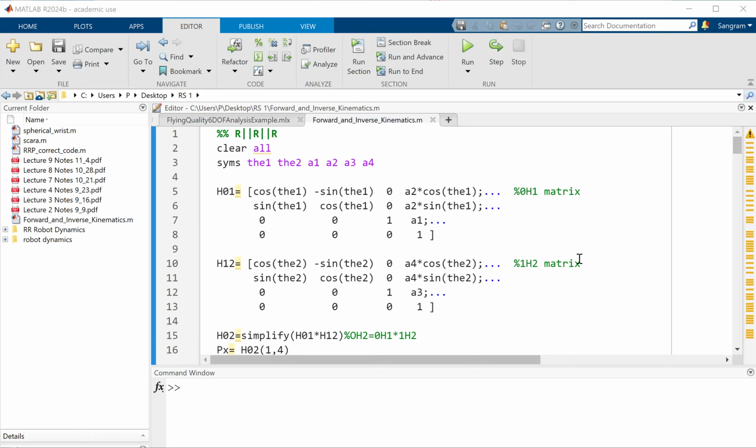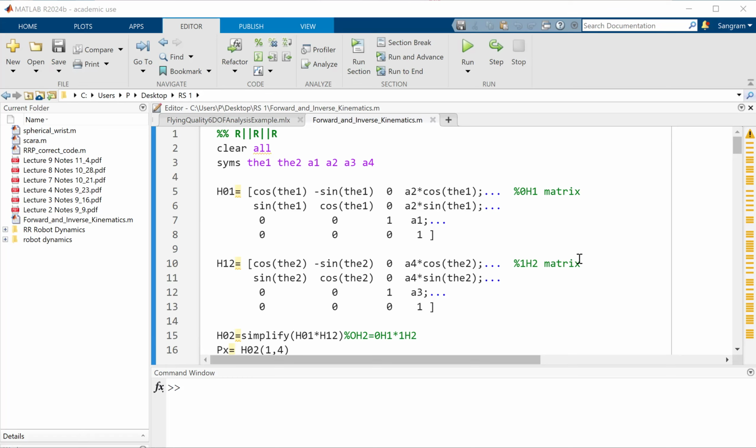So symbolic variable theta 1, theta 2, and A1, A2, A3, and A4. Those are the 4 symbolic variables for the joint link lengths, and 2 symbolic variables for joint angles.